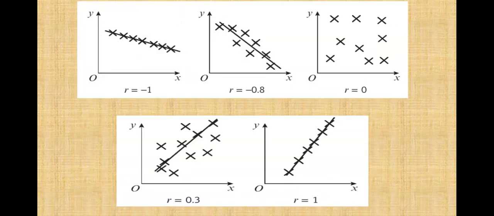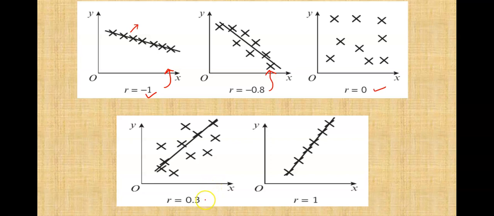Here I have put different examples to explain. Because it is the negative side, R = -1 will look like this. If R is -0.8, the line is going a little bit up in this direction. This is no correlation when R is 0.